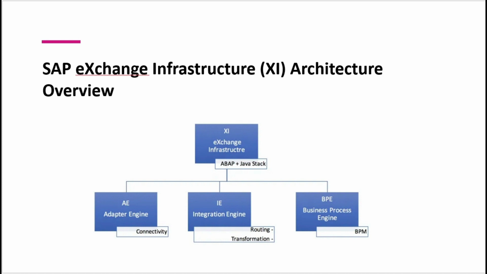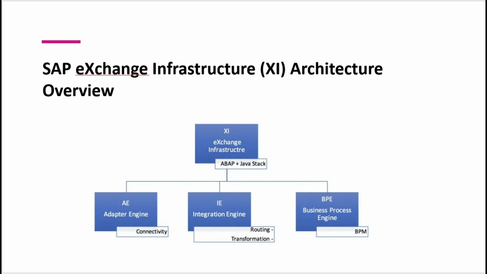The AE, as the name suggests, was the component providing connectivity functionality. It provides the capability of talking to different communication protocols using different adapters. The IE, on the other hand, was responsible for transformation and routing of the messages. There can be changes to the message we receive while sending to the target.